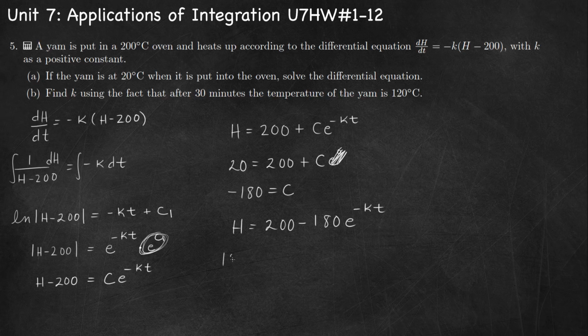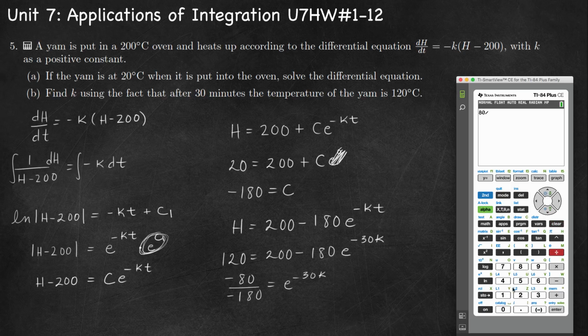So we get 120 equals 200 minus 180 e to the negative 30k. We'll do 120 minus 200, so that's negative 80, and then divide by negative 180 equals e to the negative 30k.